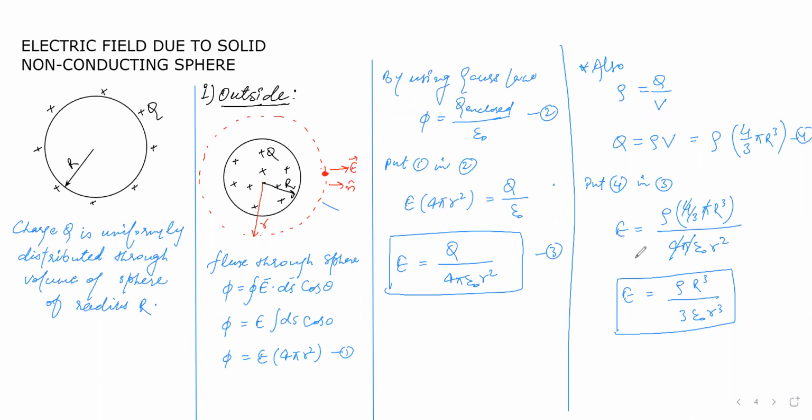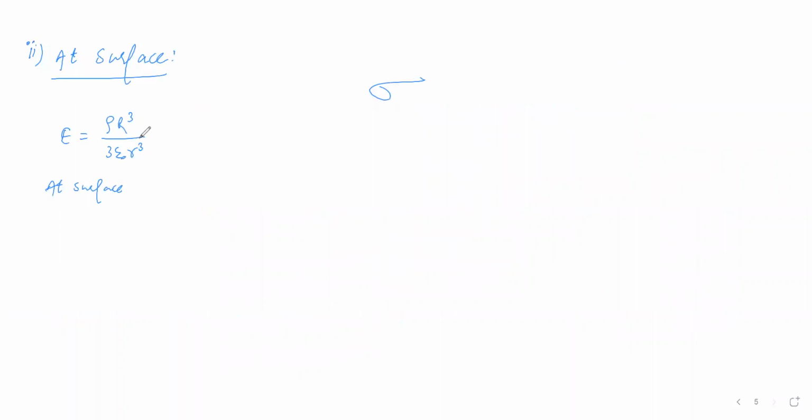Now we have E equal to rho capital R cube over 3 epsilon naught small r square at the surface. At the surface, small r is equal to capital R. So we can write here E at S is rho R cube over 3 epsilon naught R square.